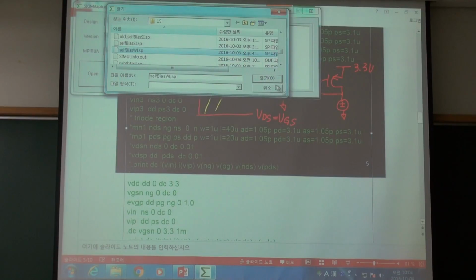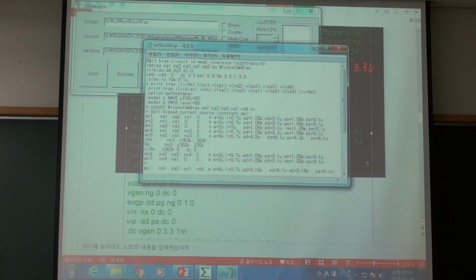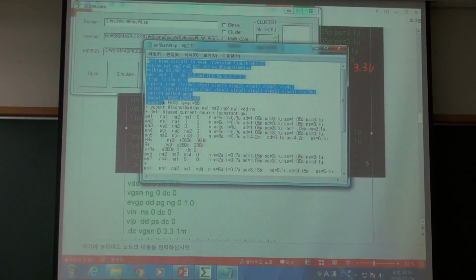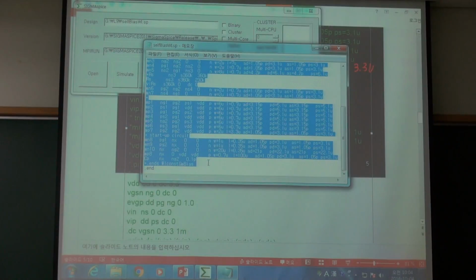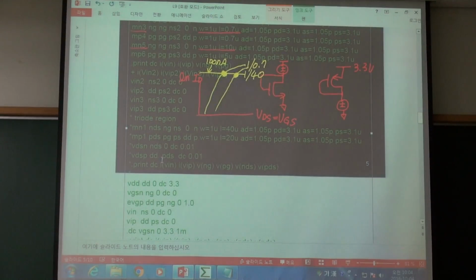So self-bias weak inversion, we redesigned those circuits. Let's see.